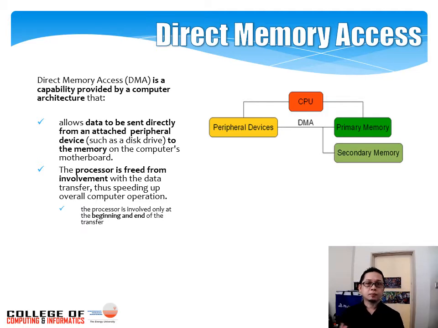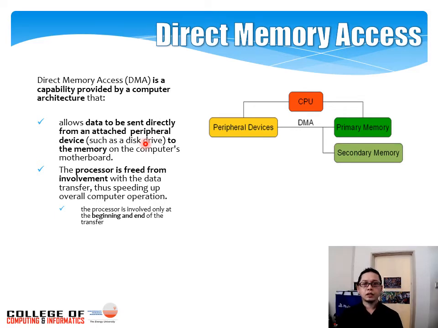The processor here does not need to constantly monitor the progress of the data transfer. So by having DMA, it allows data to be sent directly from any attached peripheral or I/O device to the memory of the computer motherboard.